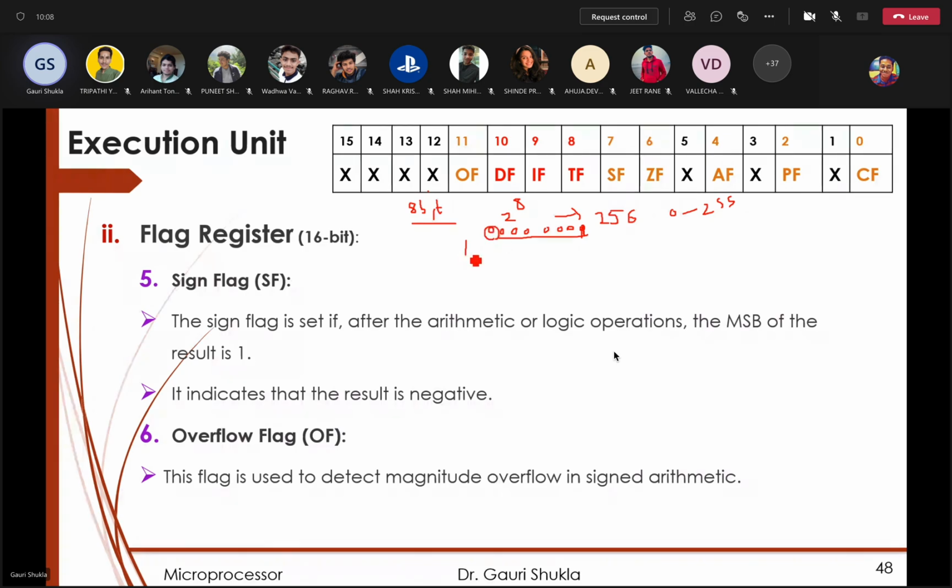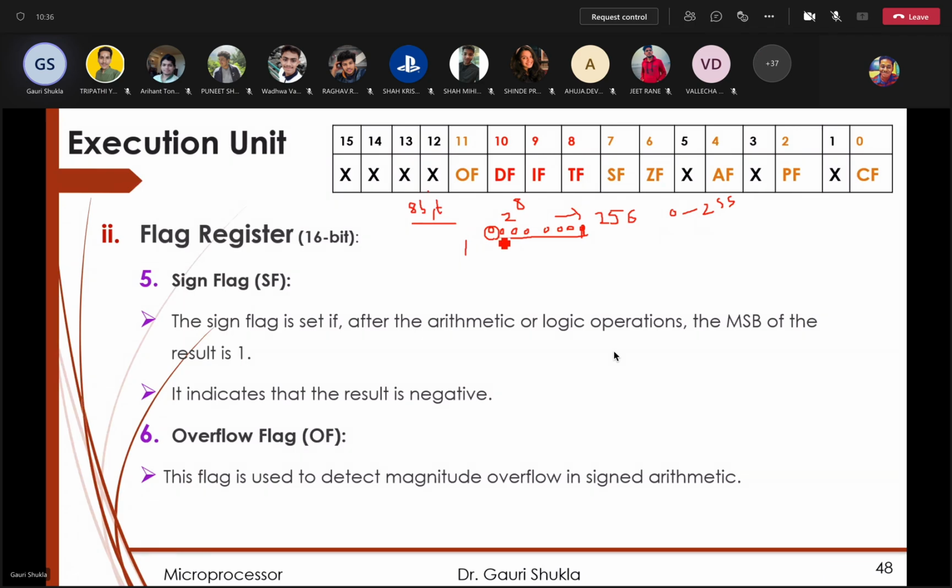The MSB indicates whether it is a positive or a negative number. Correct? So this is what you have done in your earlier subject. So now how many bits do I actually have remaining? 7 bits remaining to represent the number.